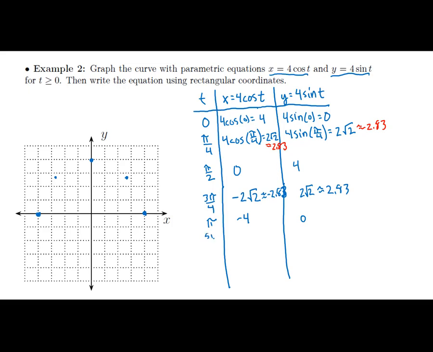At 5 pi over 4, now I'm just going to jump straight to doing approximates. This is going to be negative 2.83 approximately, negative 2.83. And by now you're probably starting to guess as to what we've got going on here. Really, it seems like we're just forming a circle. 3 pi over 2 is going to be (0, negative 4).